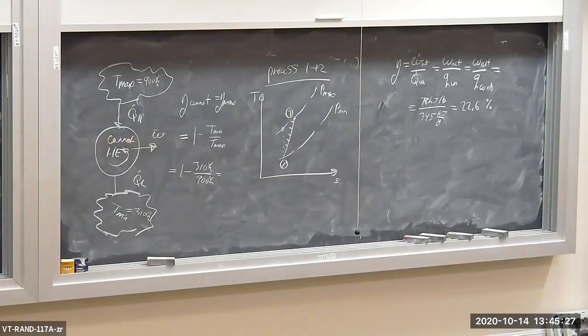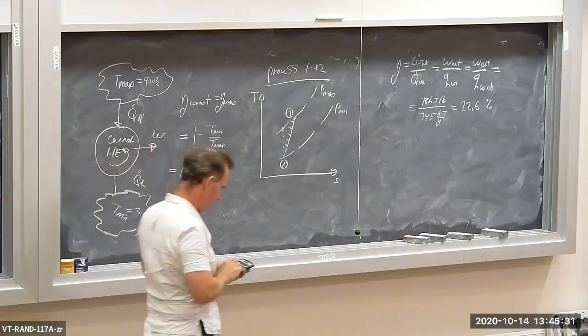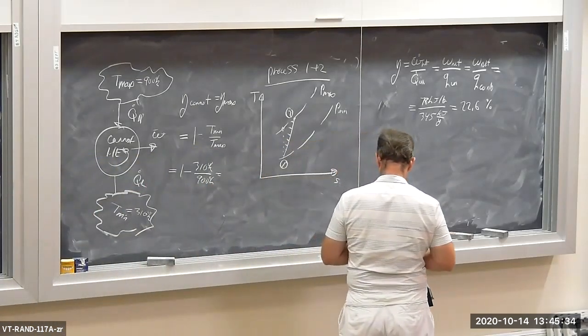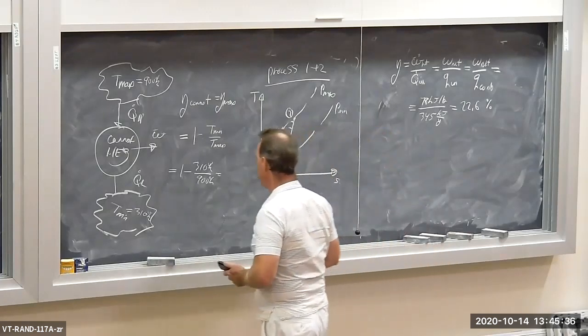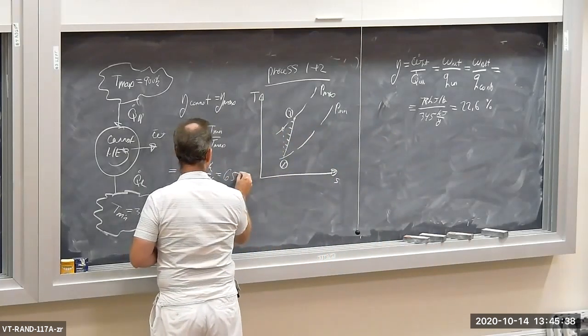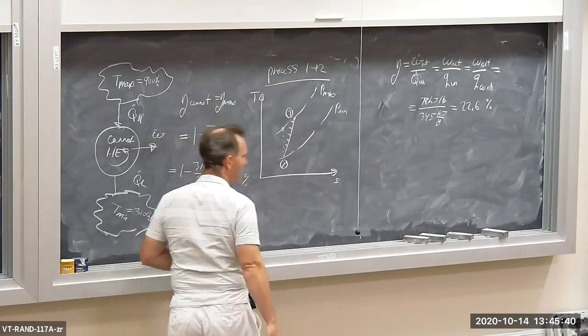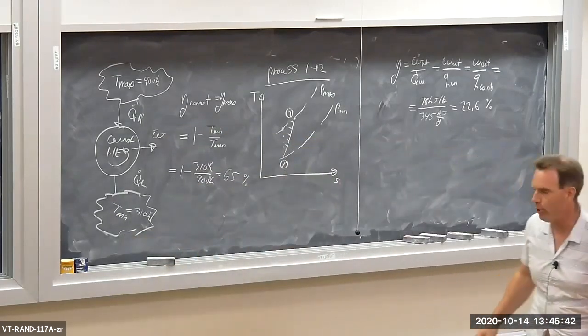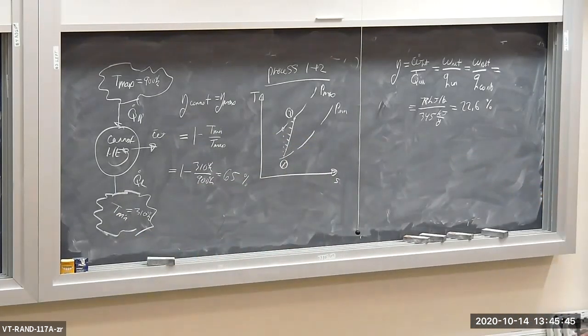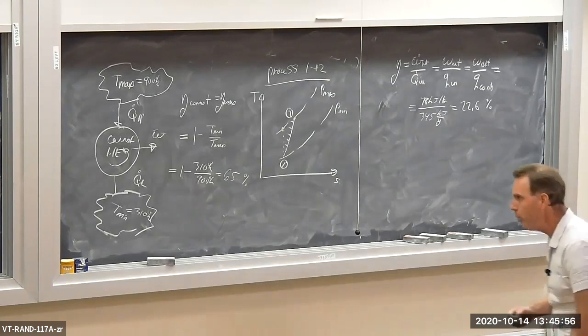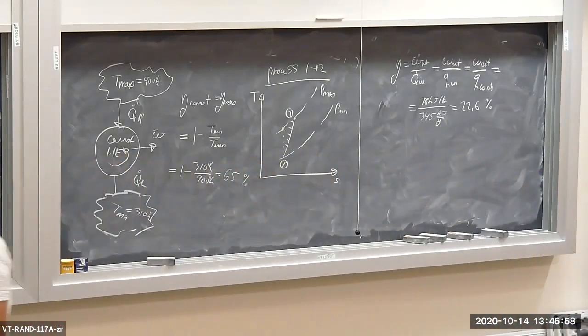You put that in your calculator, and I get 65%. So the Carnot heat engine would convert 2/3 of the energy received in the combustor to work. Our Brayton cycle, with all of its irreversibilities, only converts 22%.